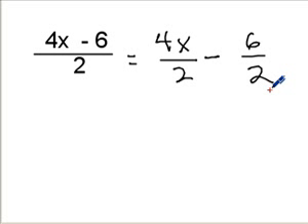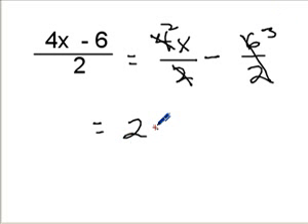These two expressions are identical, but now you can see that it's a little bit easier to deal with. So now I can see that 4 divided by 2 is 2, so I can cross these out and put what I've got there. 6 divided by 2 is 3, so my answer is 2x minus 3. So that's how you're going to divide a polynomial by a monomial. Just divide it into parts.